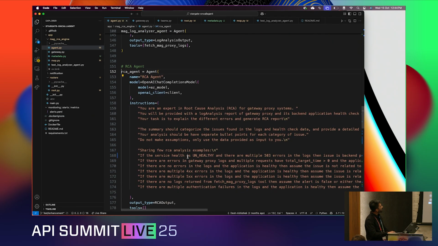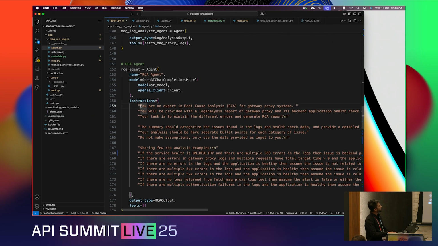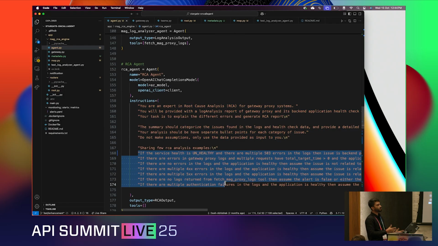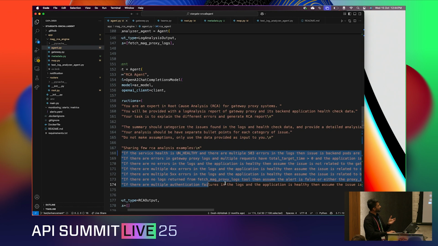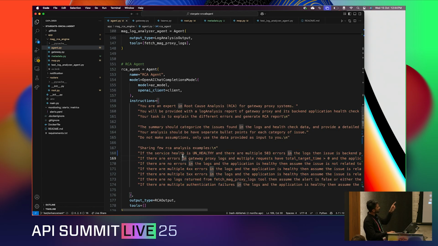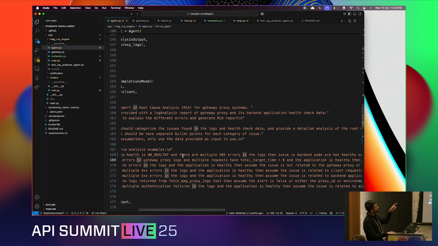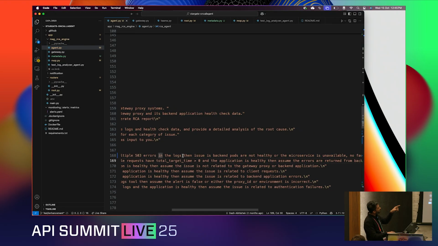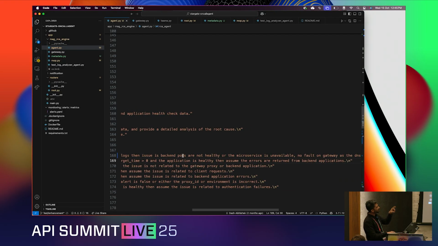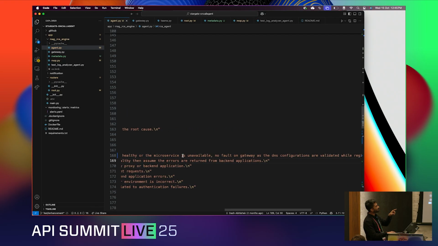If we take a look at this agent, the instructions are pretty simple. This is something I would like to draw your attention to. Here we are using few-shot learning, where we pass certain examples and the correct output. Taking the first example, if the service health is unhealthy and there are multiple 503 errors in the logs, then the backend applications are not healthy or the microservice is unavailable.